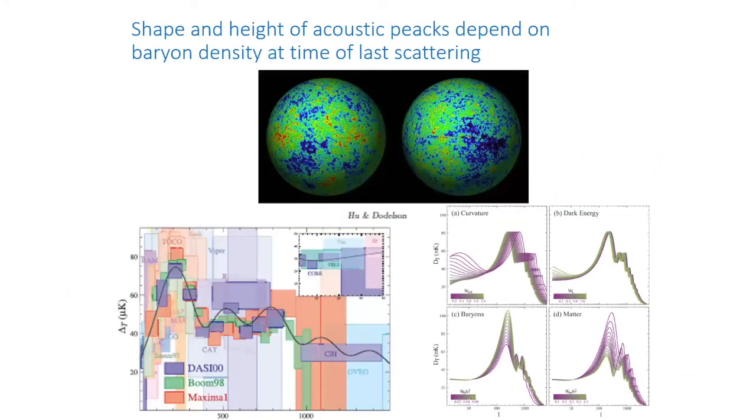Now, another thing about the cosmic microwave background that I have not mentioned in the beginning is how do we use it to tell us about the universe? So we know now that it's on average 2.7 Kelvin, but what else could we extract from it?